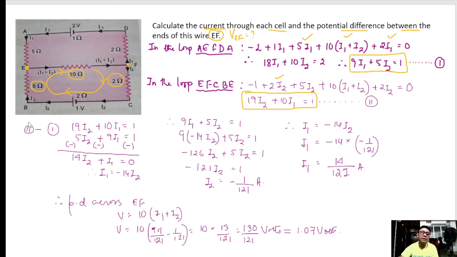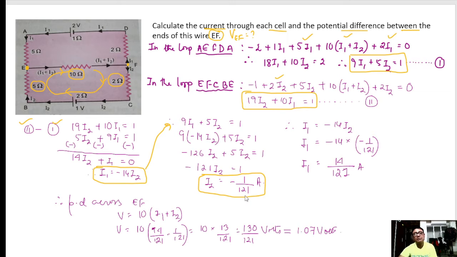Now what we are doing, second equation minus first equation. So we are getting I1 equal to -14 I2. Now we are putting the value of I1 in this relation, and we are getting I2 as -1/121 ampere.